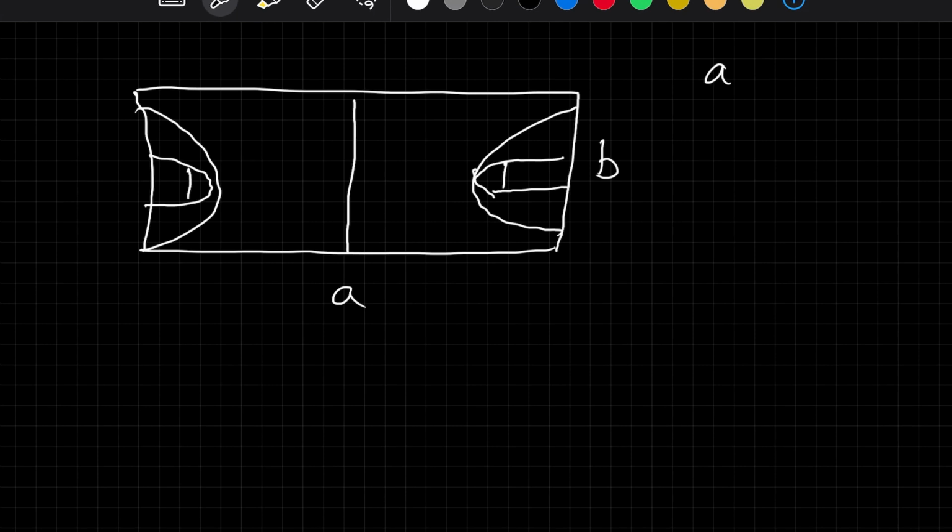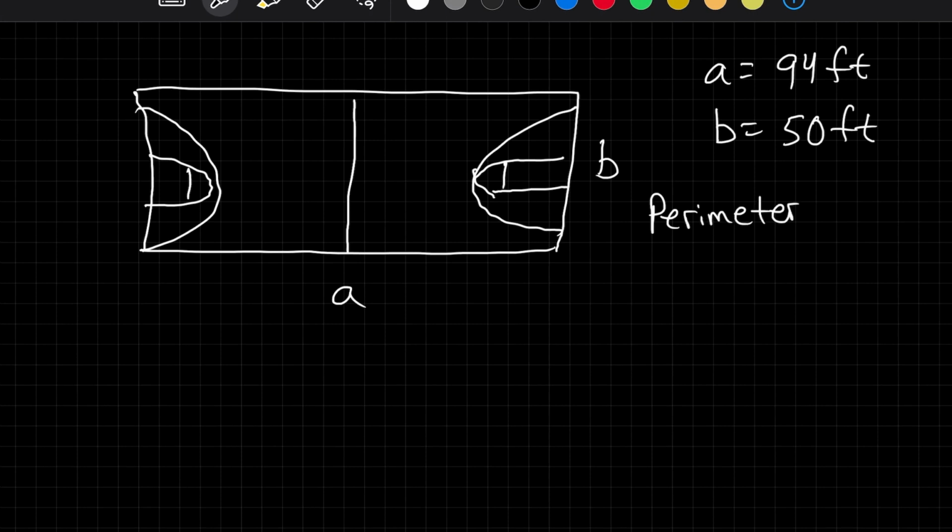Let's say that A is 94 feet and B is 50 feet. We want to find the perimeter of the basketball court.